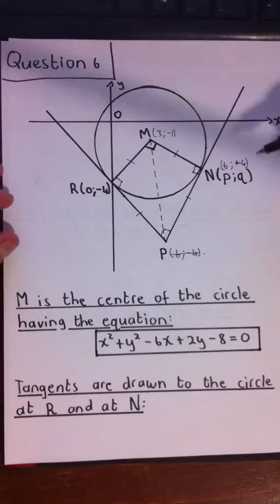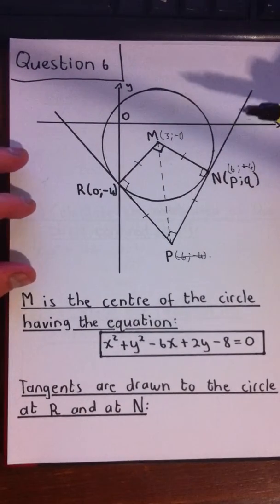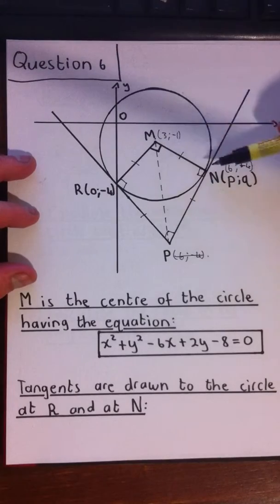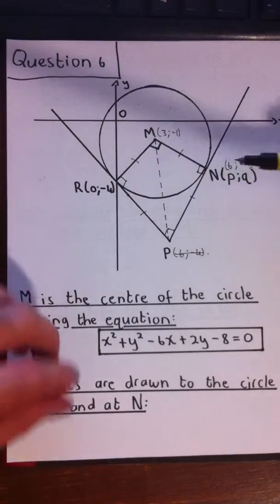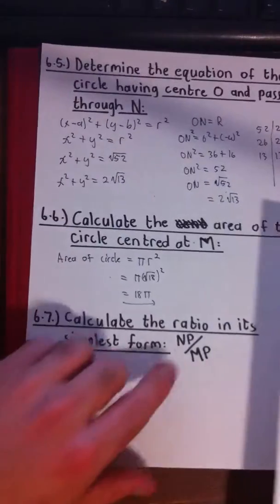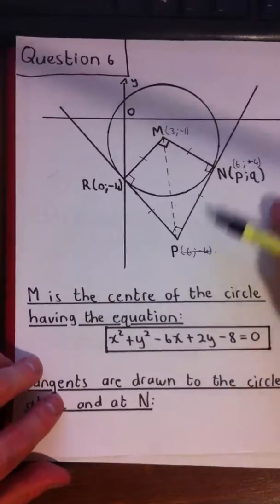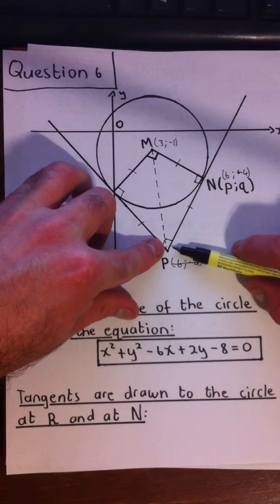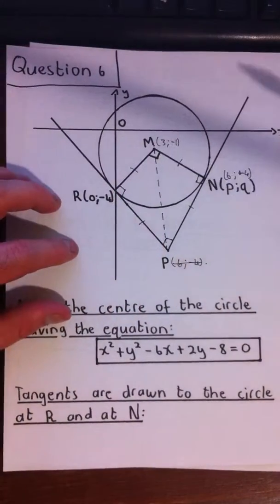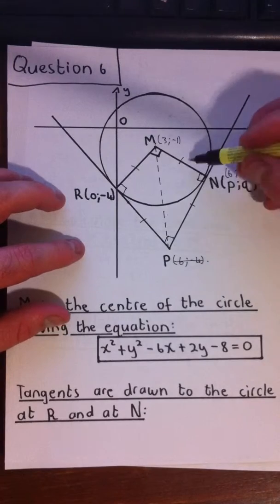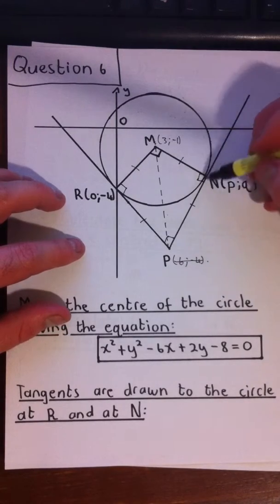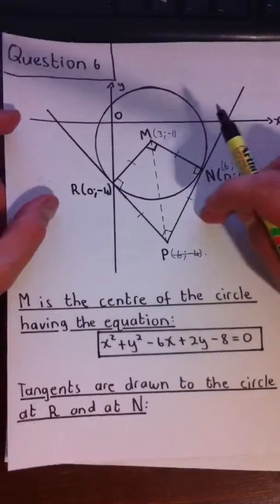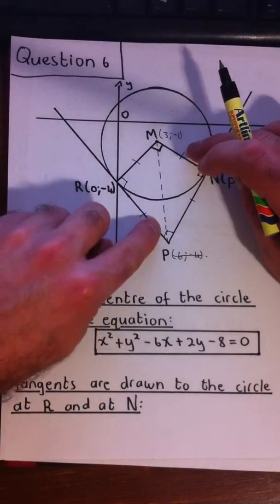Okay, so now what do we do with that? Well, NP over MP. So this side divided by that side in its simplest form. Well, we know that since these two sides are equal and this is 90 degrees, we've got a right angle triangle, and the ratios of the sides would be 1 to 1 to some hypotenuse value.